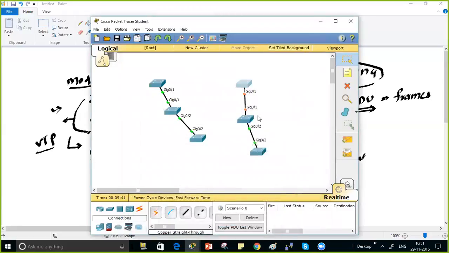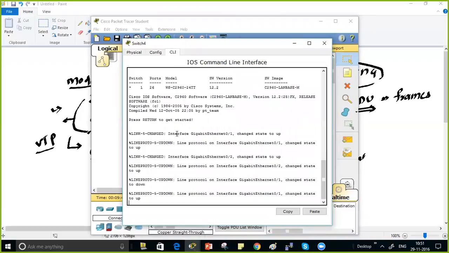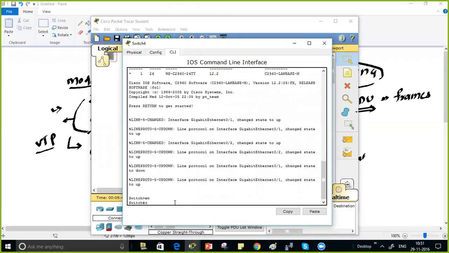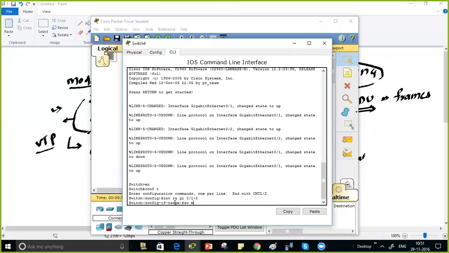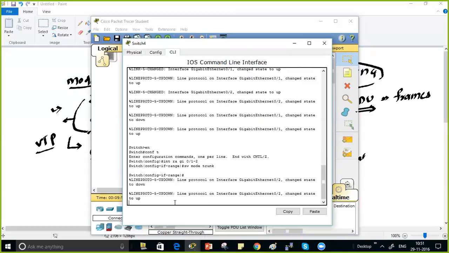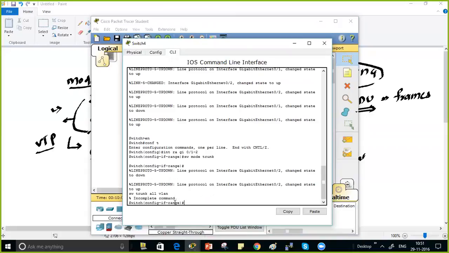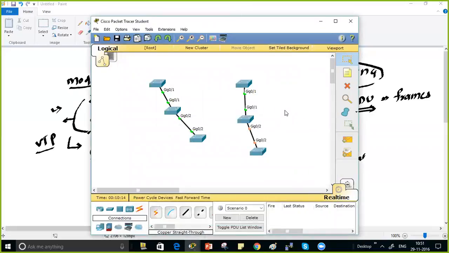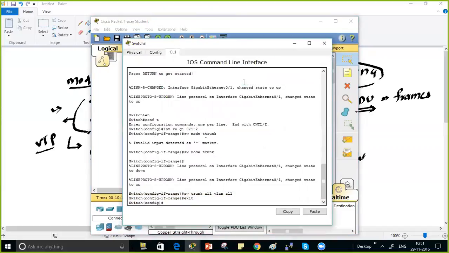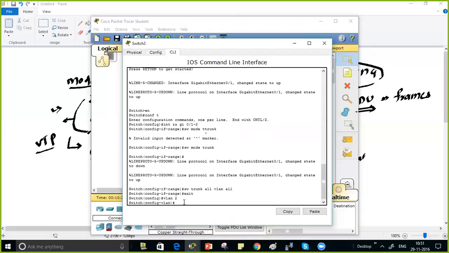Here also I'm taking. Now, if I configure VLANs here, by default all these switches are in server mode, right?